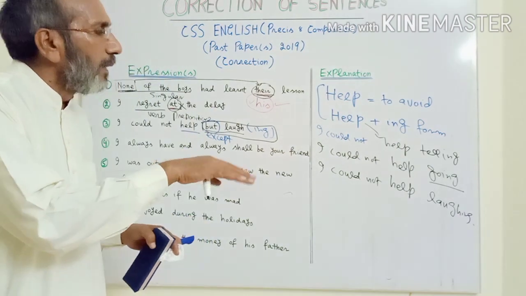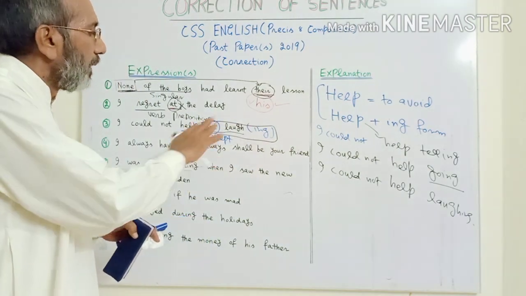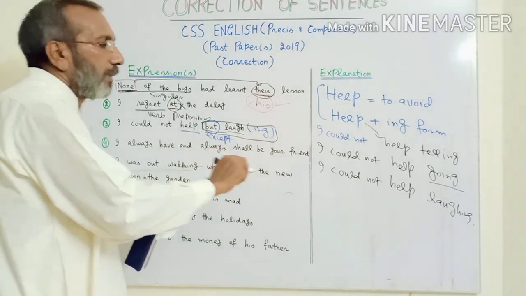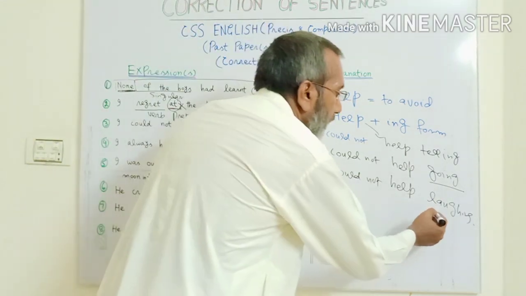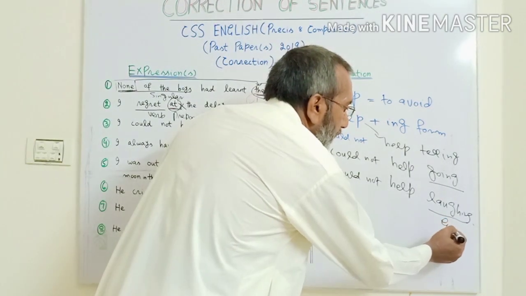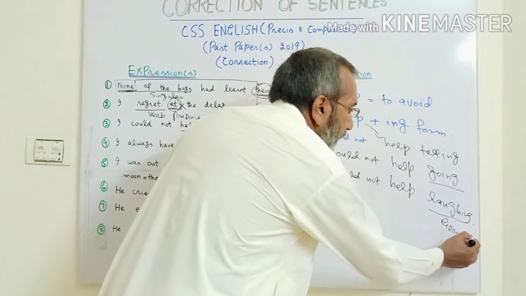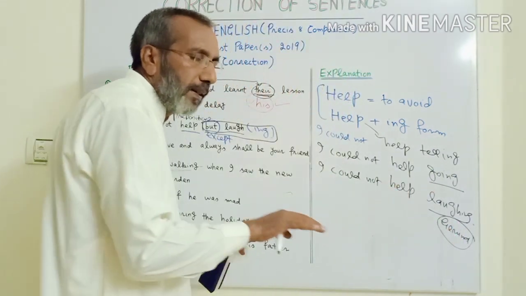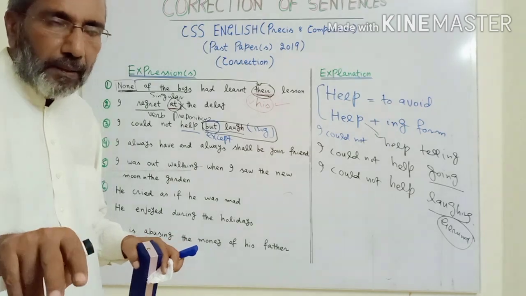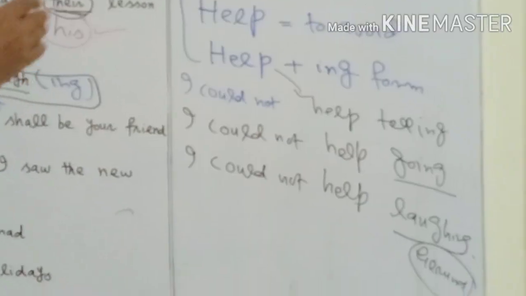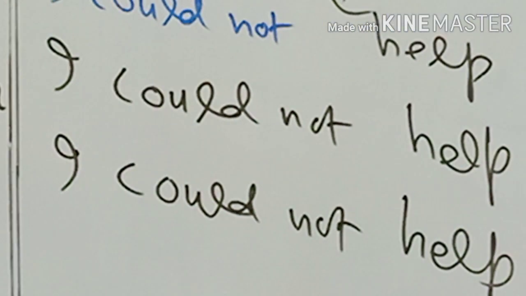But over here we are concerned with the gerund. We are using laughing as a gerund. Gerund means the process, actually. It doesn't mean you are laughing in continuous form, it is the process of that. So keep in mind that after help we have to use the ing form.